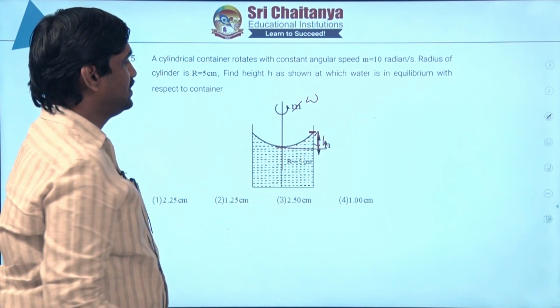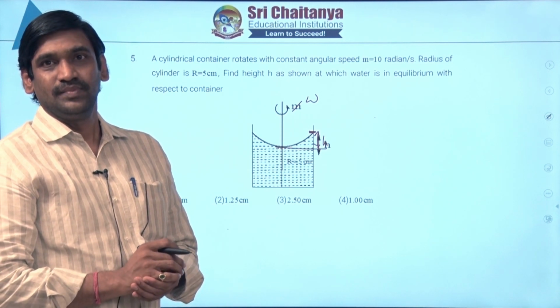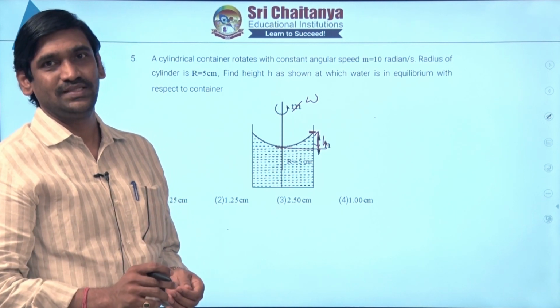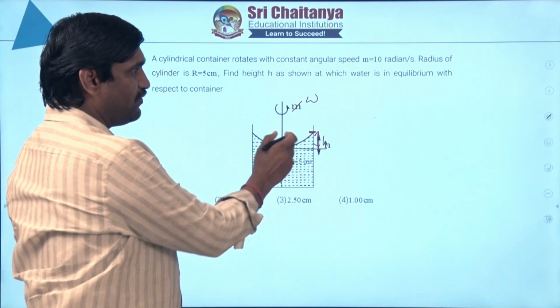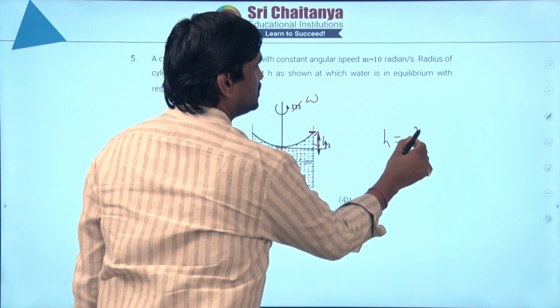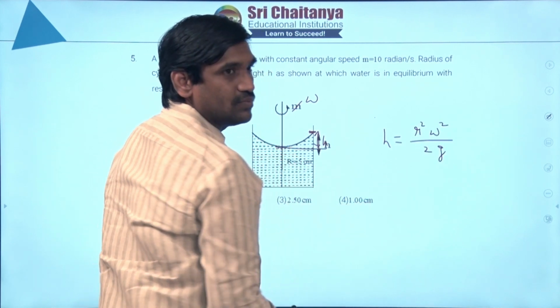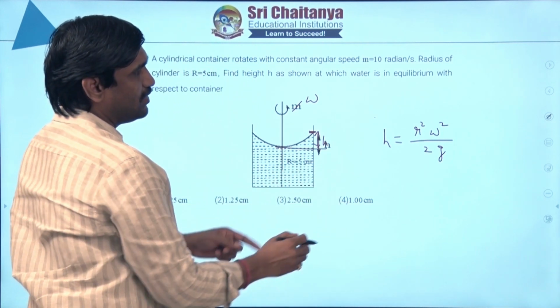We will get this on the basis of centrifugal force. By deriving it, we have a shortcut formula, that is H is equal to r square omega square by 2g. By using this formula, we will get the answer.